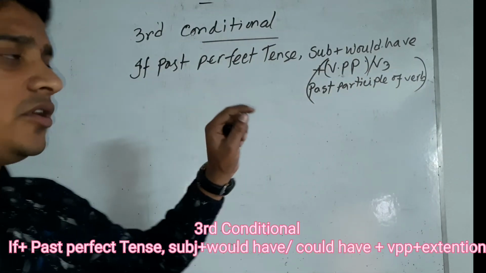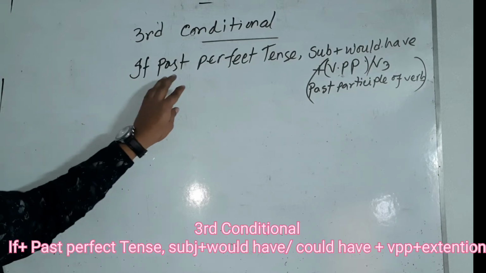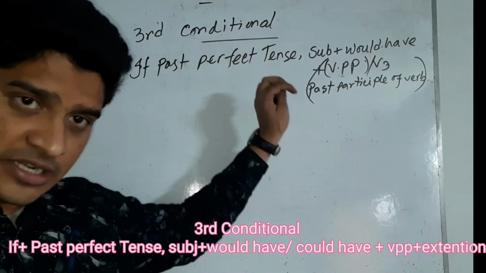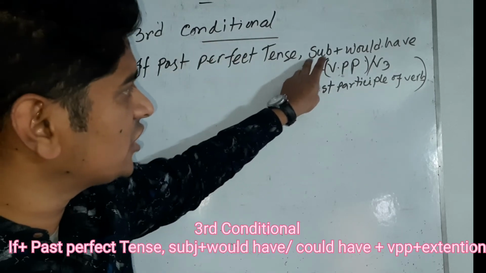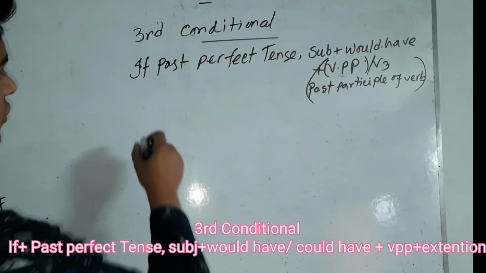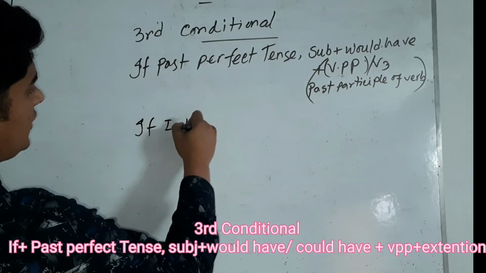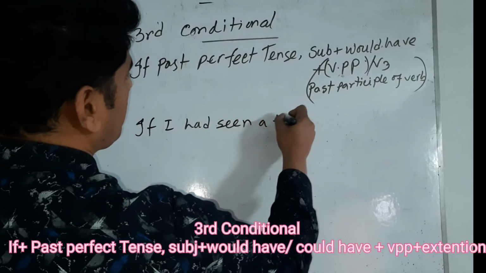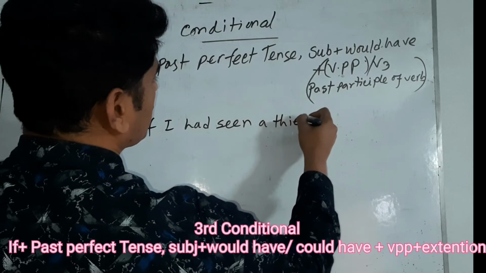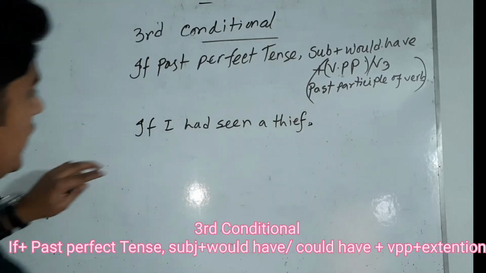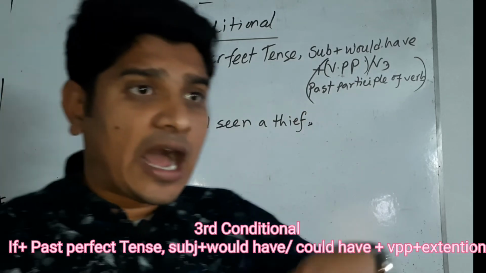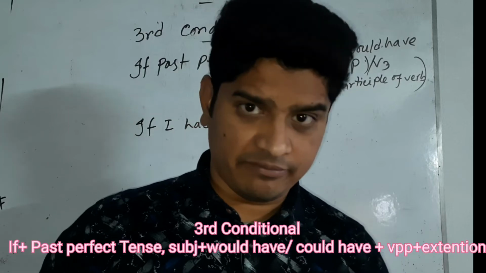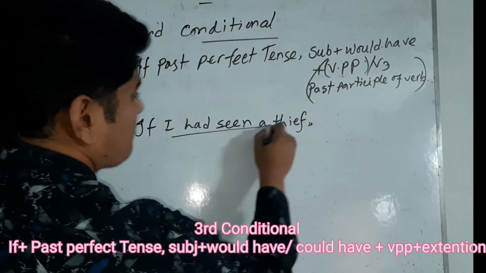So if in the sentence you see the past perfect tense, you have to use subject would have plus V3. So if I had seen a thief, if I had found a thief, there is a past perfect tense.